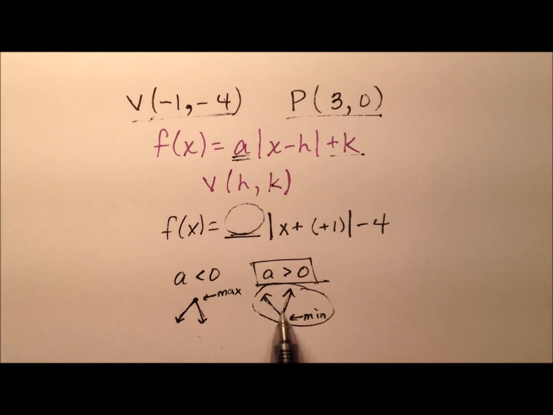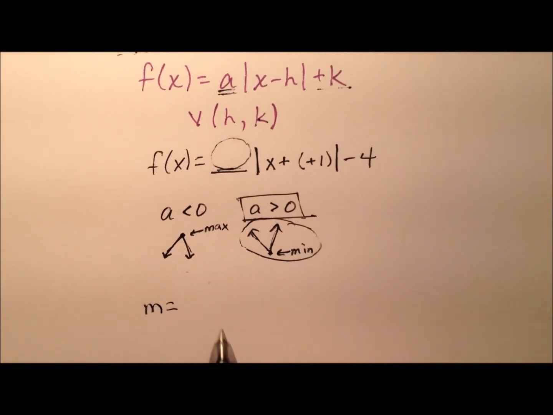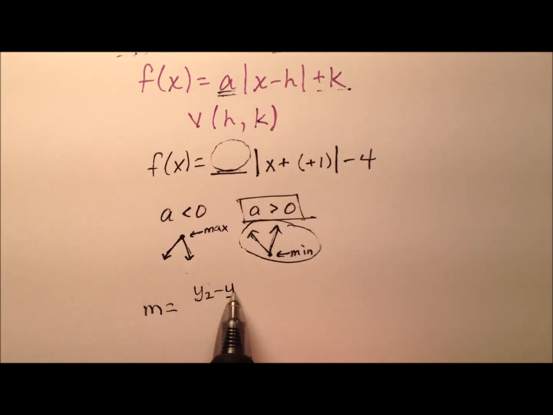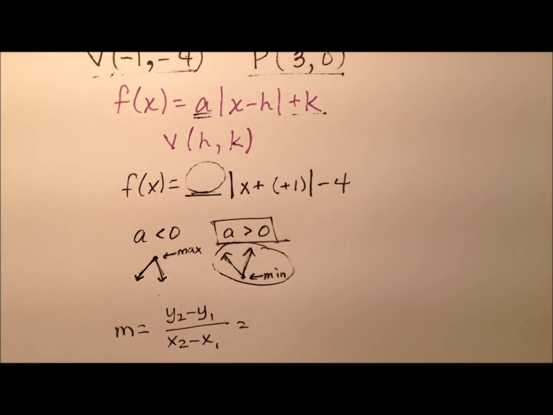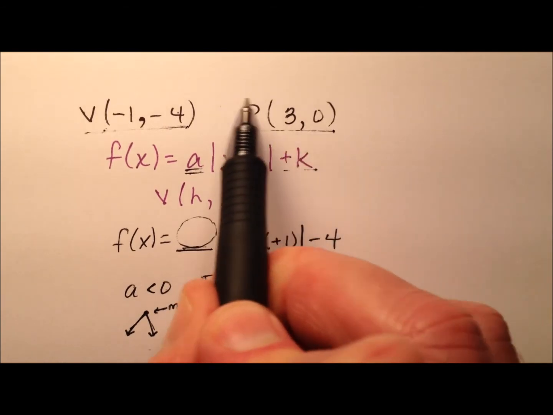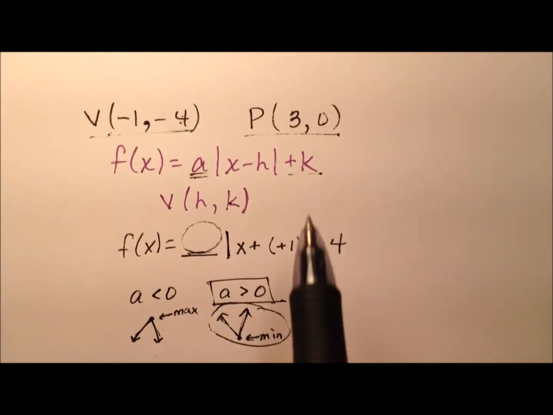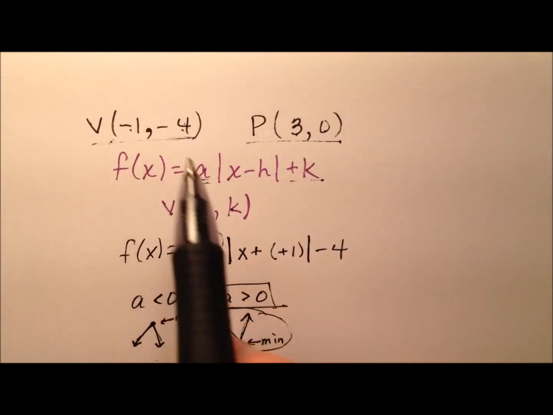The other thing that we need to get from this a value is the slopes of these lines. That's whether the function has been horizontally compressed or stretched, or is just right in line with the parent graph. The way we can figure that is by using our slope formula, which says the change in y over the change in x will give us the slope. So the change in y, 0 minus negative 4, divided by the change in x, 3 minus negative 1.